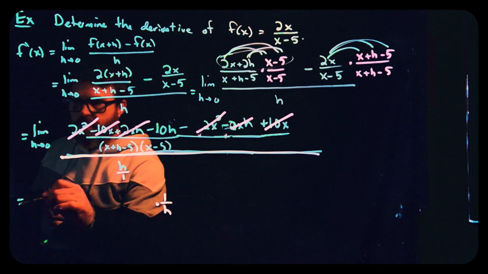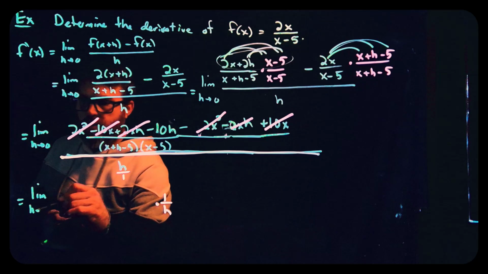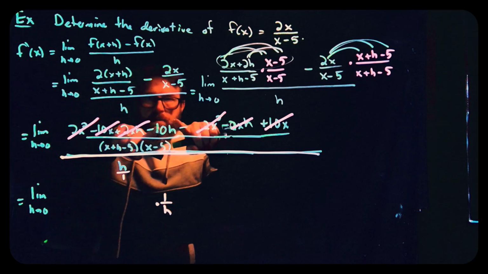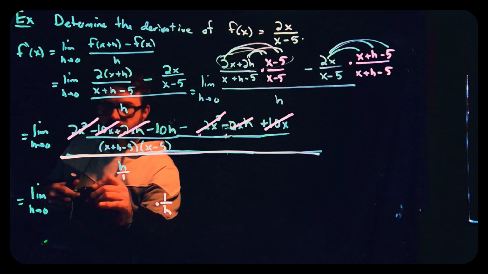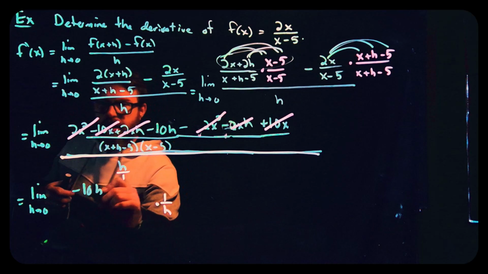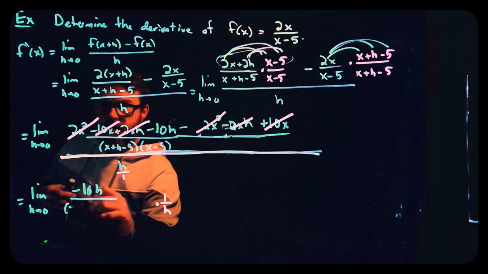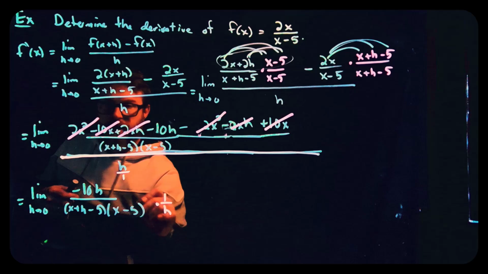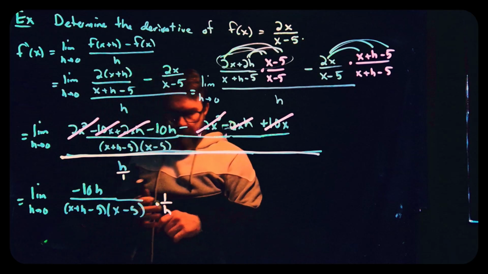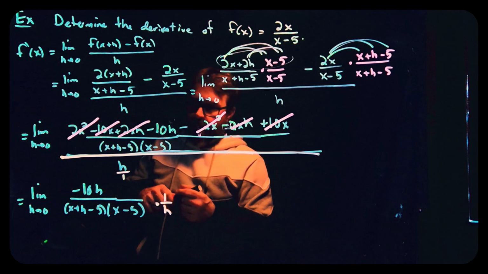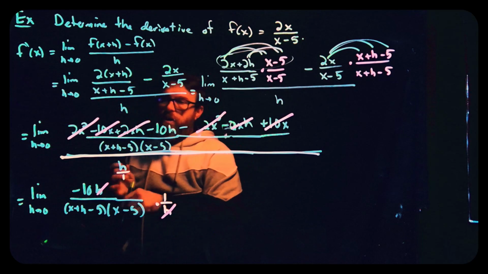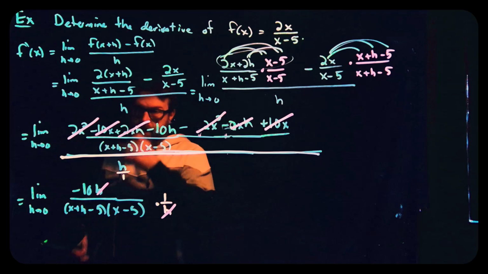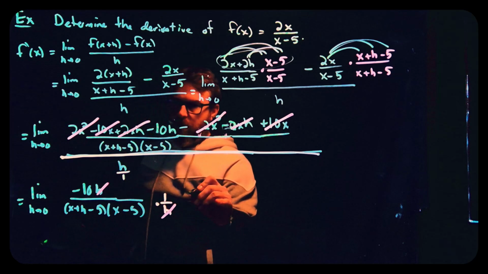And then I'm still going to have the limit as h approaches 0 of this numerator over this denominator. So we have this negative 10h minus 10h. And then the bottom, we're going to have this x plus h minus 5 times x minus 5. Now we can see that these h's will cancel. And this function now can be evaluated at h is equal to 0.